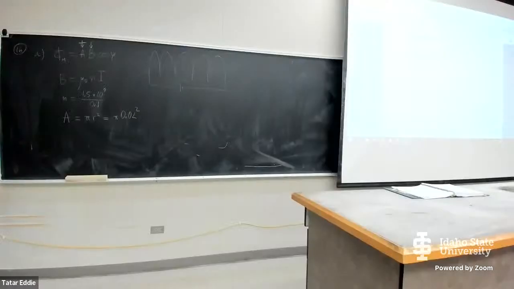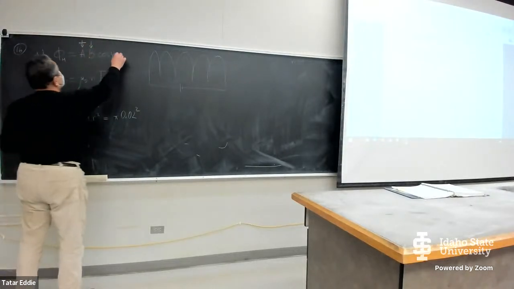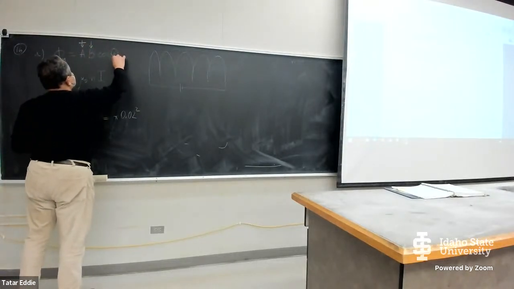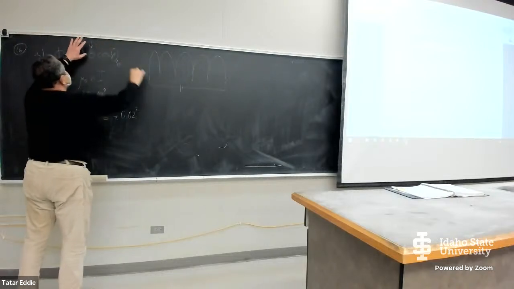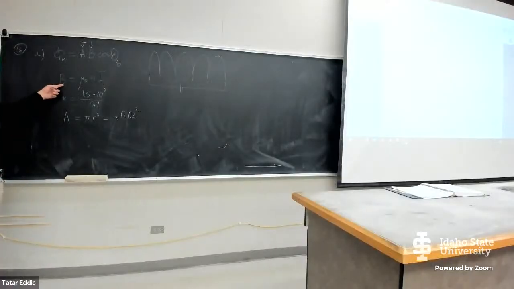So this is part A. Practically, part A is just substitution. The angle is 0. Cosine of 0 is 1, so you can skip cosine completely because it is equal to 1. So area is this, magnetic field is this. So part A is well known.